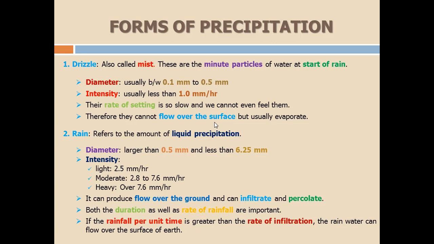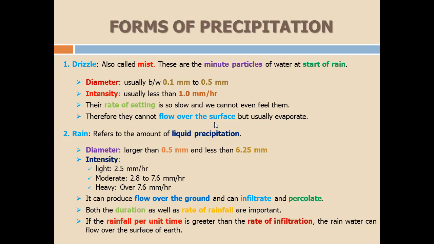So drizzle is also called mist. These are actually the smallest minute particles of water at the start of rain. Whenever a rain starts, before the rain, if you hold your open hand in the air, you will feel very, very minute particles of water.